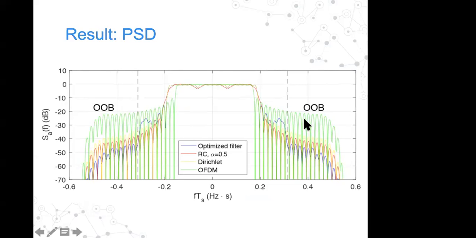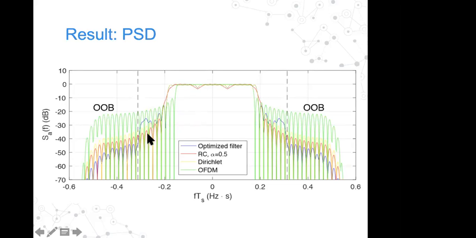What we are trying to do in GFDM, by using different filter banks and filter shapes, is reduce the out of band radiations. That means the green color, we are trying to bring it down to the lower range. That happens through the root-raised cosine pulse in red, as well as the Dirichlet pulse in yellow. The RC filter with alpha equal to 0.5 is in red.